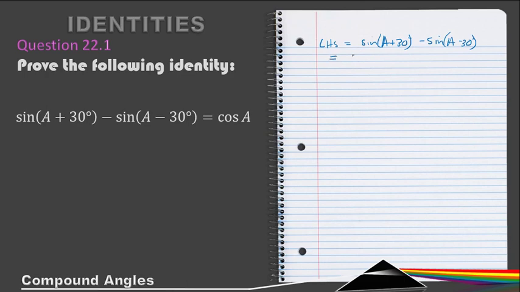Okay, so expanding that, we get sine A cos 30 plus cos A sine 30 minus, now because of this negative over here, I'm going to just put this whole one's formula into brackets. This will then be sine A cos 30 minus cos A sine 30. Right. Multiply out the brackets. So this we just copy over.